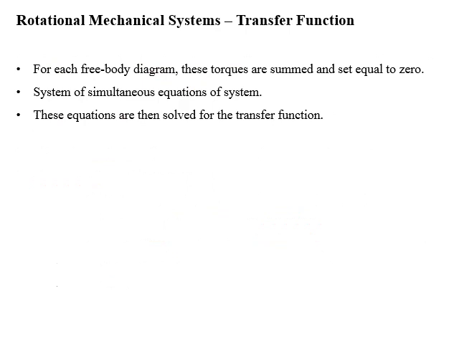Dear students, after applying the superposition principle on every test point, we will find the system of equations by summing the torques acting either in the direction of motion or opposite to the direction of motion for every test point. This will give us simultaneous equations of the system, and we will solve these equations for our required transfer function.